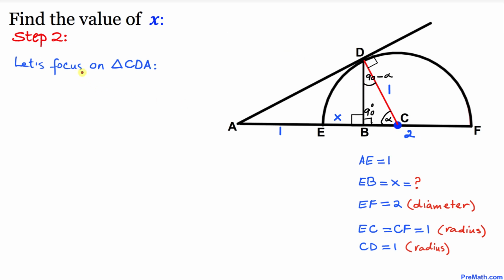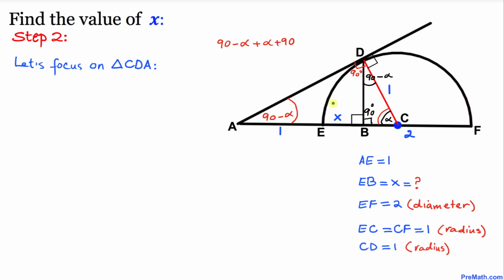Now let's focus on this triangle CDA, and we can see that this angle D is a right angle, which is 90 degrees, and this angle is alpha. Then indeed this angle is going to become 90 minus alpha.